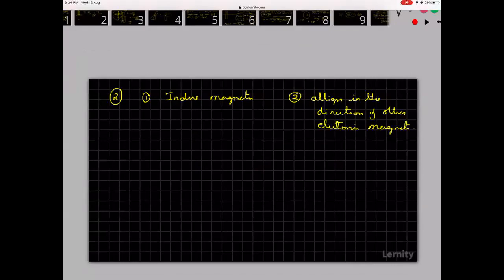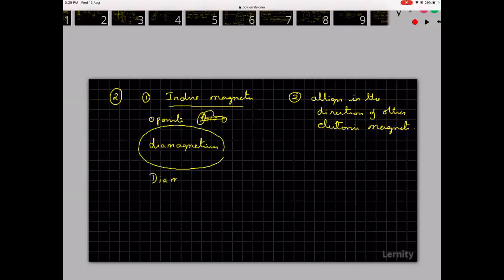It is the magnetic quantum number that is giving rise to this. Now, induced magnetism is always opposite, so 1 plus 1 will here become 0. Why? Because whatever is induced on the other one will be in the opposite direction. So the net magnetism will be 0. Such a property is known as diamagnetism. Those materials which show a lot of diamagnetism are called diamagnetic materials.